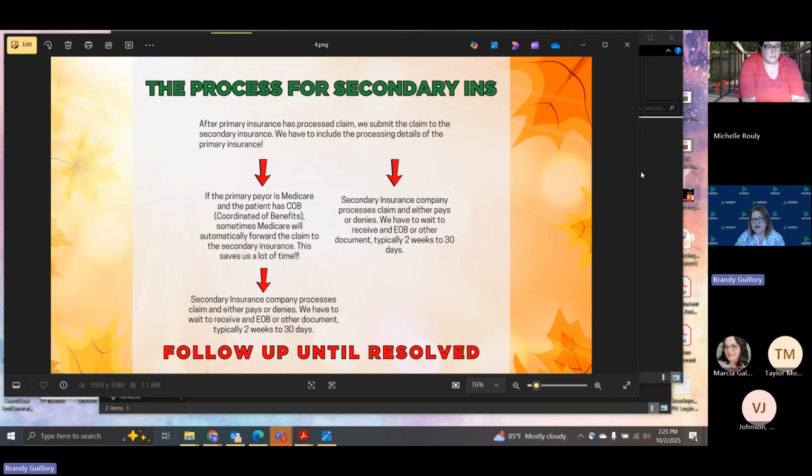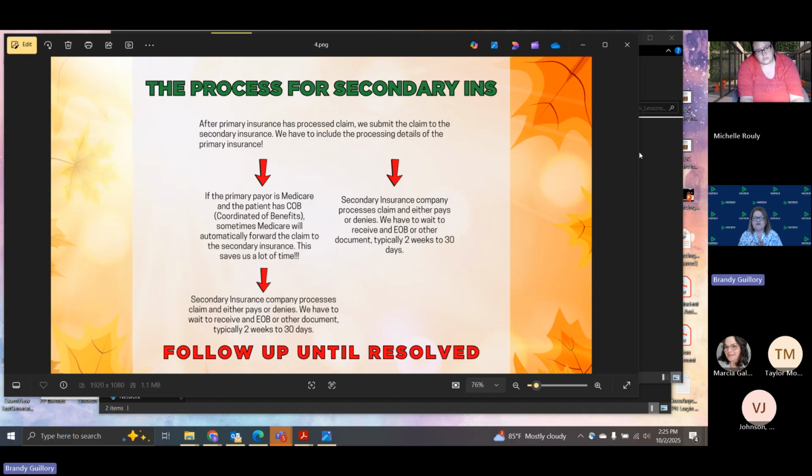All right, so let's talk a little bit more about this secondary insurance thing. So some patients have it and some patients don't. And it is your older patients who are more likely to have a secondary insurance. And it's because they have Medicare primary and then some other kind of supplement as secondary.